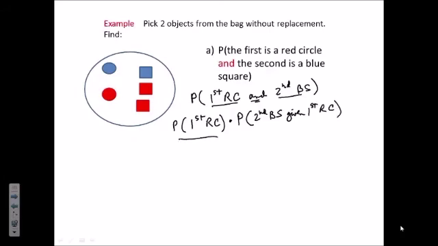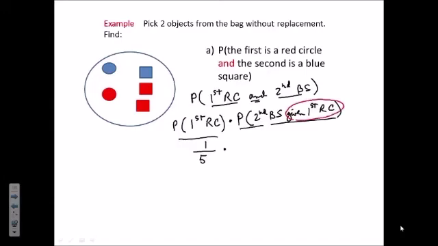What is the probability on the first pick you get a red circle? There are 5 objects in the bag. Of these 5 objects, only 1 is a red circle, so that would be 1/5. Now, for the second one, what's the probability of picking a blue square on the second pick, given you've picked a red circle on the first pick? Start with the given.